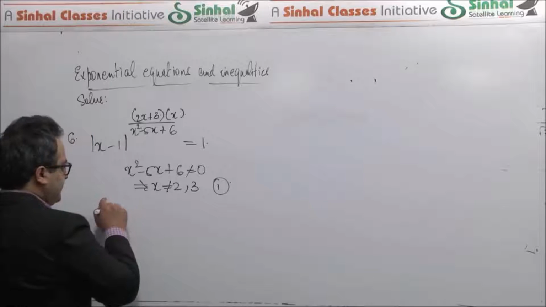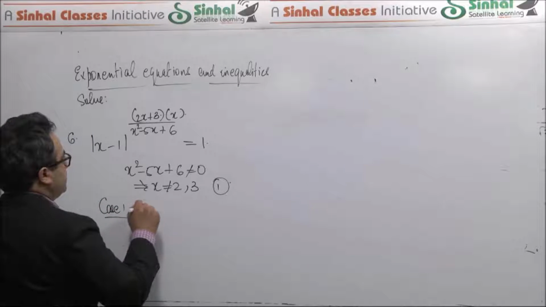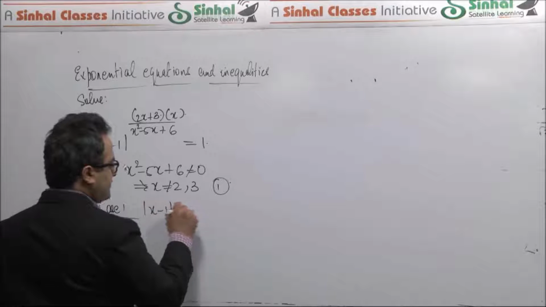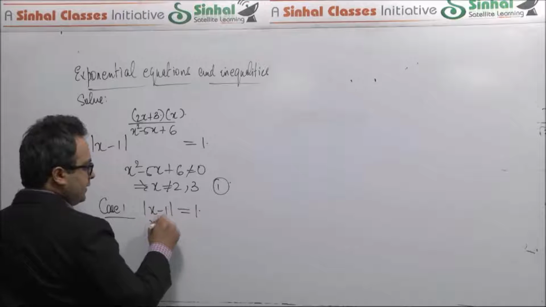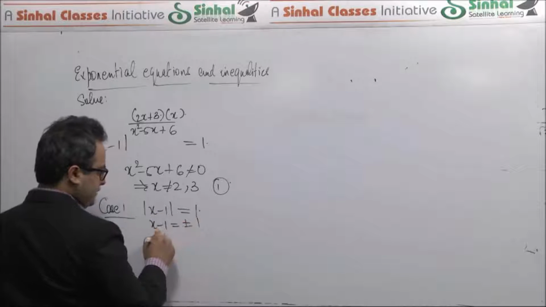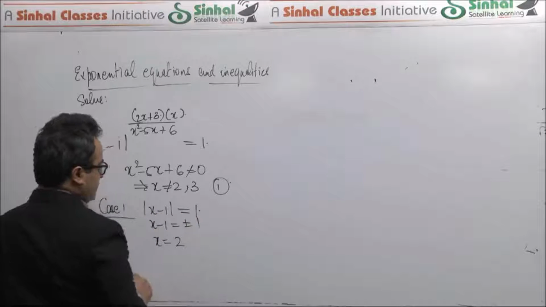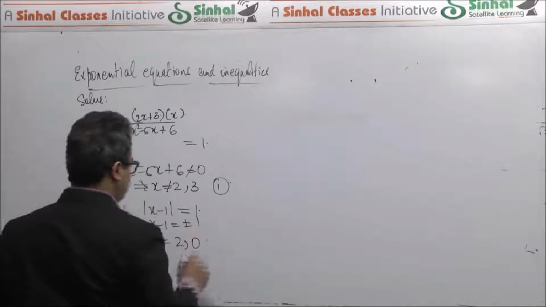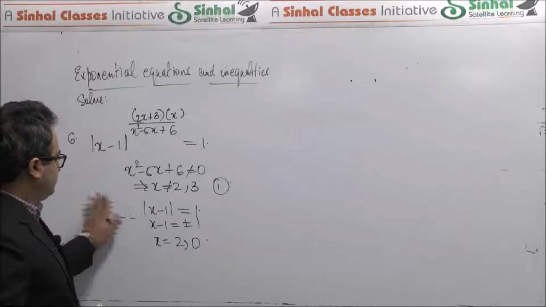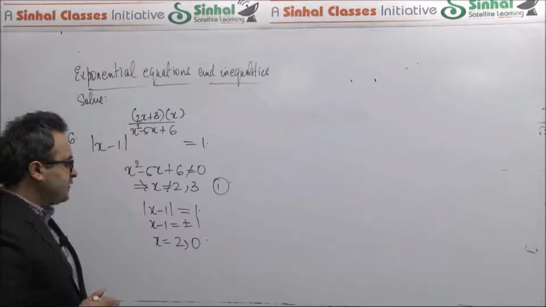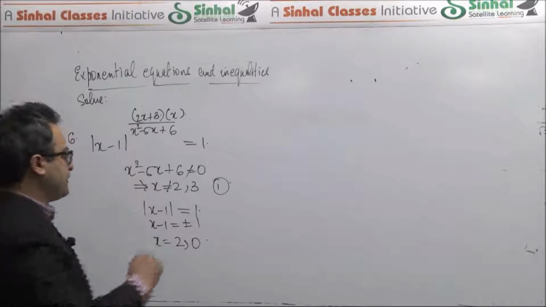Then we should take the possibility that the base itself is not equal to 1. So if the base is equal to 1, then what will have to happen? The base will be equal to 1 when x is equal to 2 or 0.